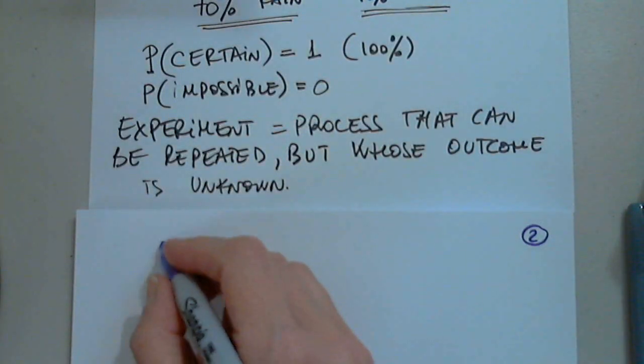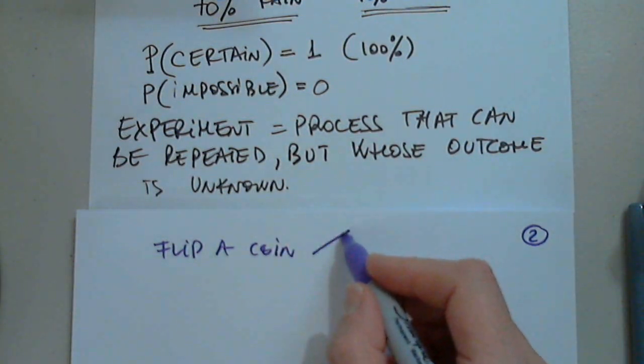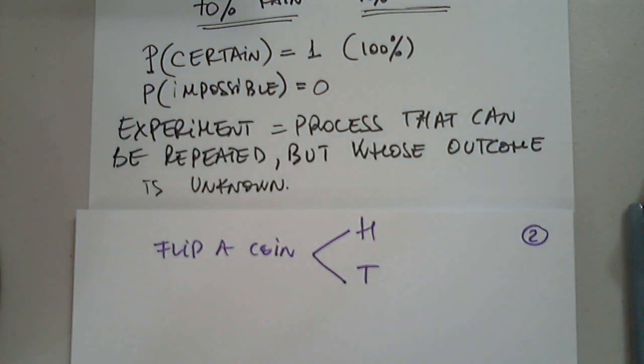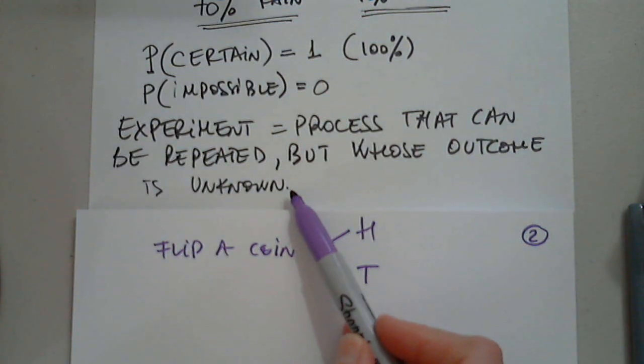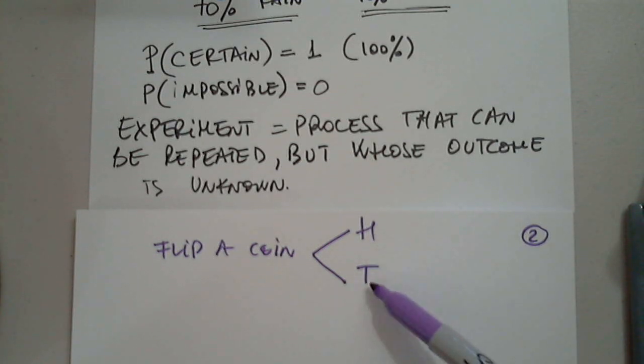Okay, so flip a coin. I know I have two possibilities, either heads or tails. But any time I repeat this experiment, I do not know the outcome. I know this is going to happen, there is nothing else. It's either this or this.